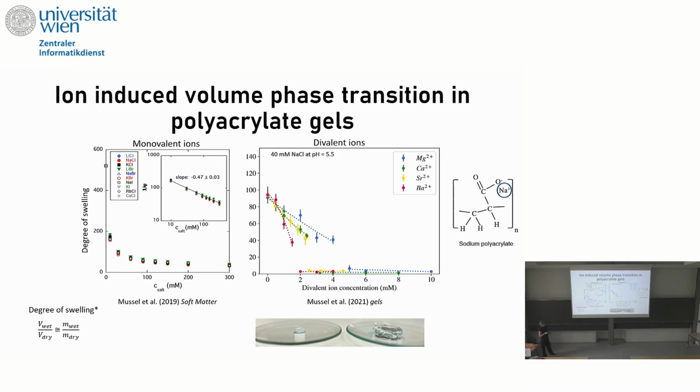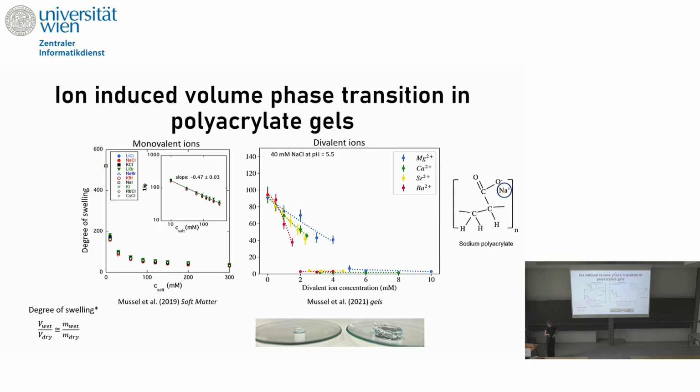As we add monovalent salt, we have a gradual decrease, and there's no significant change with the identity of the monovalent cation. However, for divalent ions, in the second group of the periodic table, there is a decrease in the degree of swelling until we get to the critical point, and then we see the steep change.